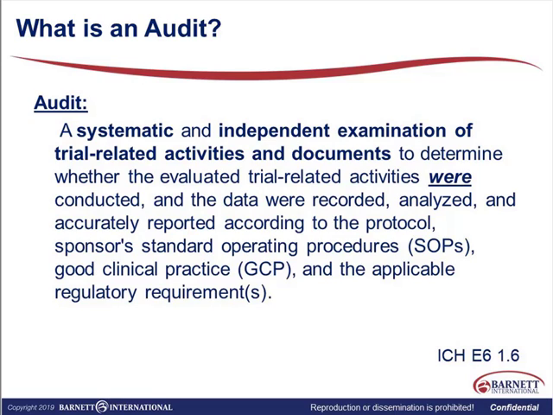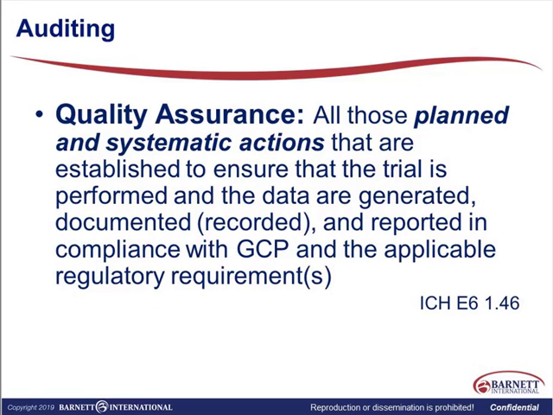So how do we take this information, what we know about monitoring and auditing, and make it work so that we meet our goals? Good data from protected people. Quality assurance or auditing are planned and systematic actions. So you see that word again there, systematic, that are established to make sure that we're compliant. And we're all interested in compliance.